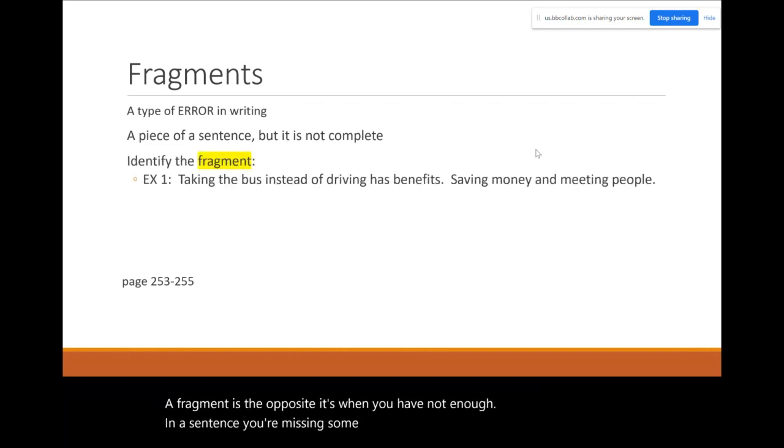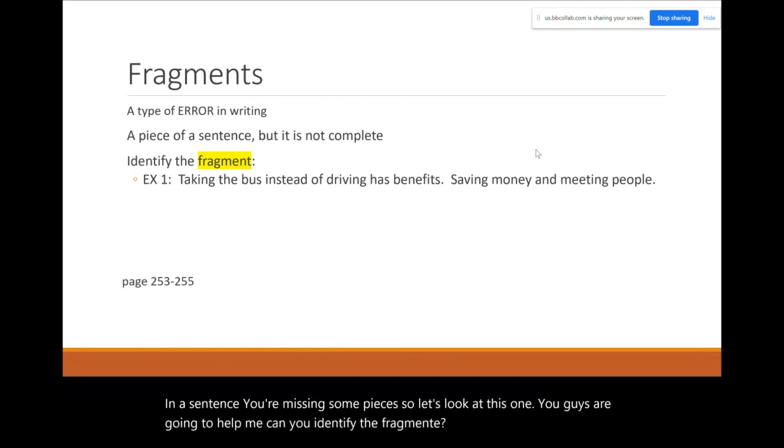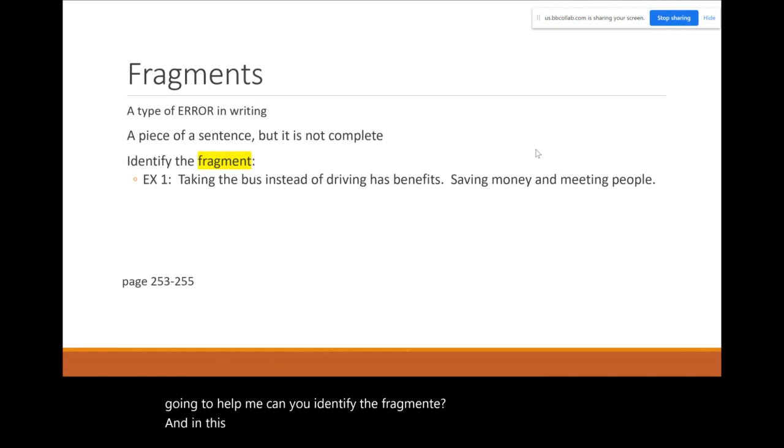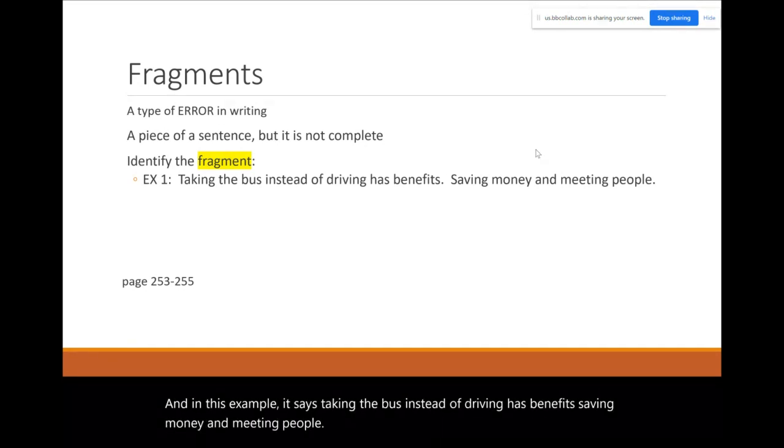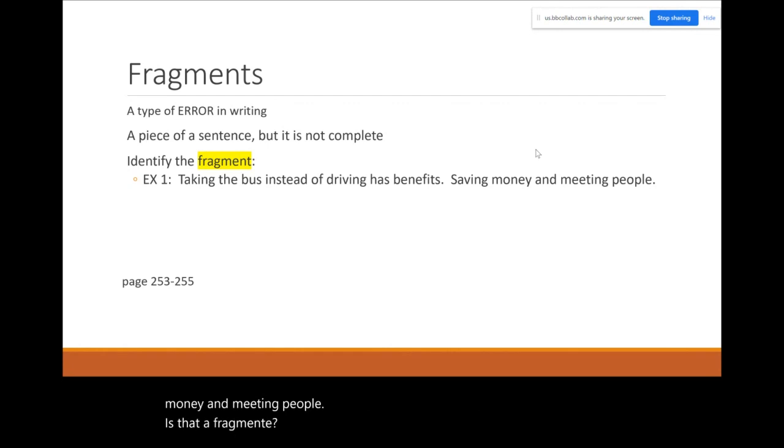So let's look at this one. You guys are going to help me. Can you identify the fragment in this example? It says taking the bus instead of driving has benefits, saving money and meeting people. Saving money and meeting people. Is that a fragment?